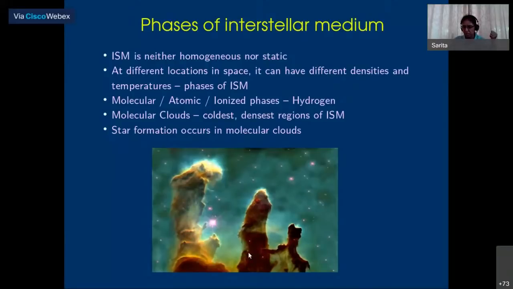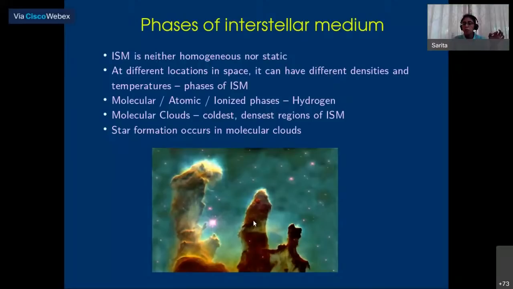And the medium is very dense here. It's not the gas which is absorbing most of this. Gas can also absorb, but it is the dust which has a more drastic effect on the starlight. So these, as you can see, are the molecular phases of the interstellar medium or the molecular clouds. And it is within these dense clouds that star formation occurs. Okay. So where do stars form?